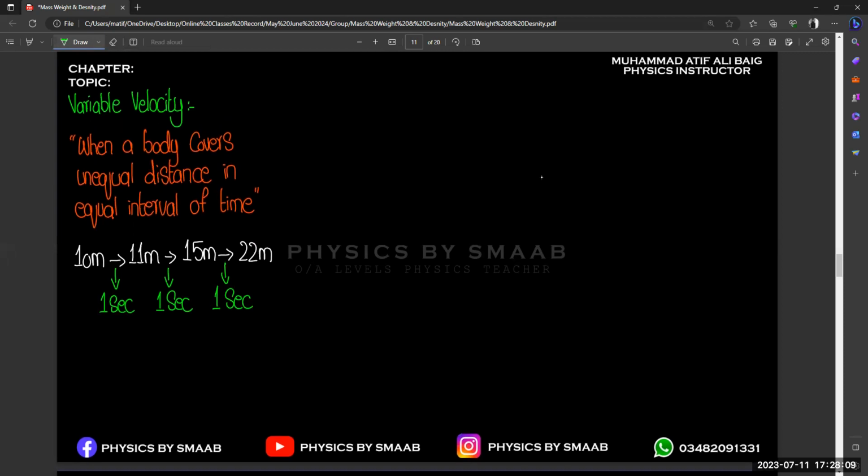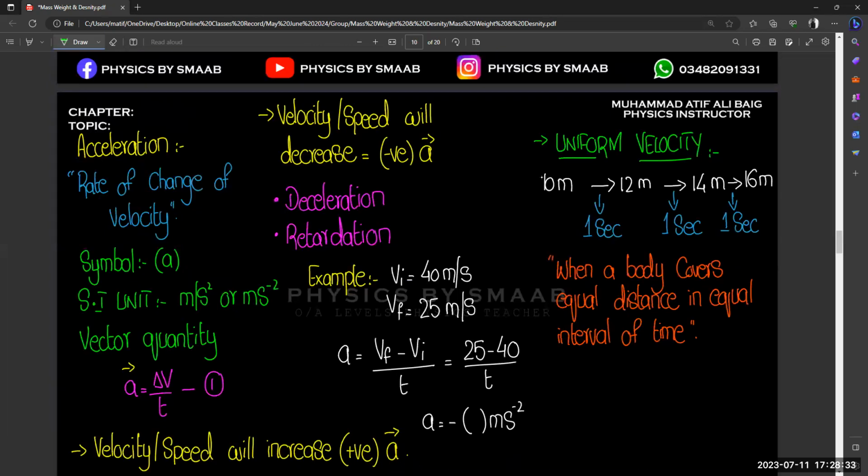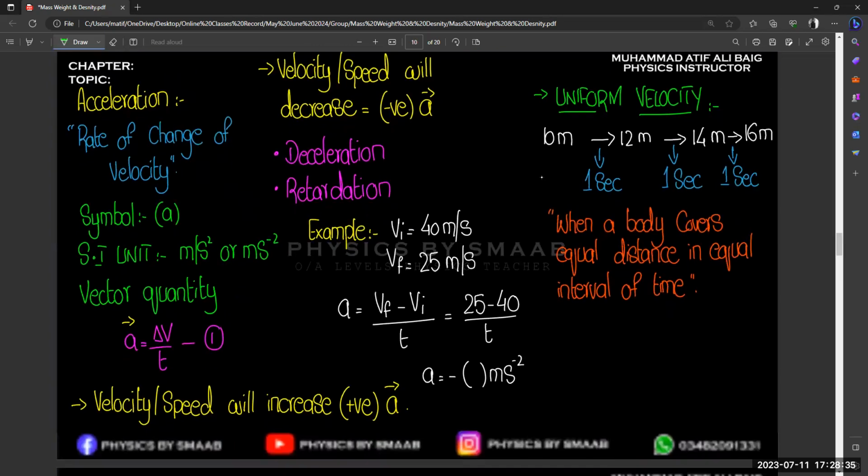And the same goes for acceleration, right? So there is also a concept of variable acceleration and constant acceleration. Let's suppose we are talking about a constant speed or velocity, so what will be the value of acceleration over here?